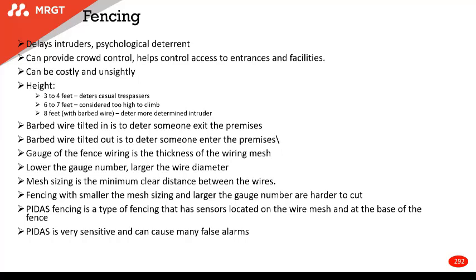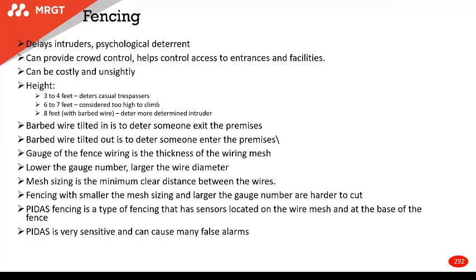And if the gauge is of high diameter, it's more stiff and stronger. So the gauge wire diameter decides the strength of the fence. There is another measurement that is used alongside the gauge, which is called mesh.